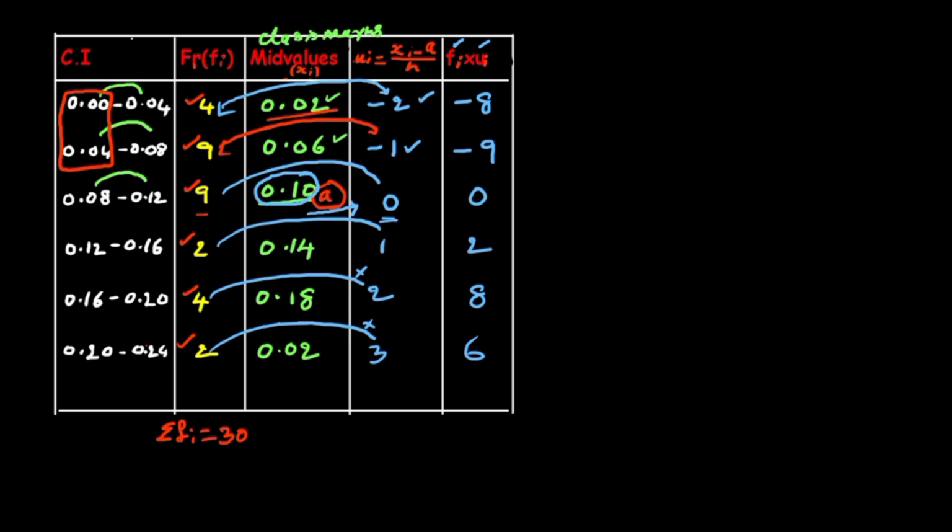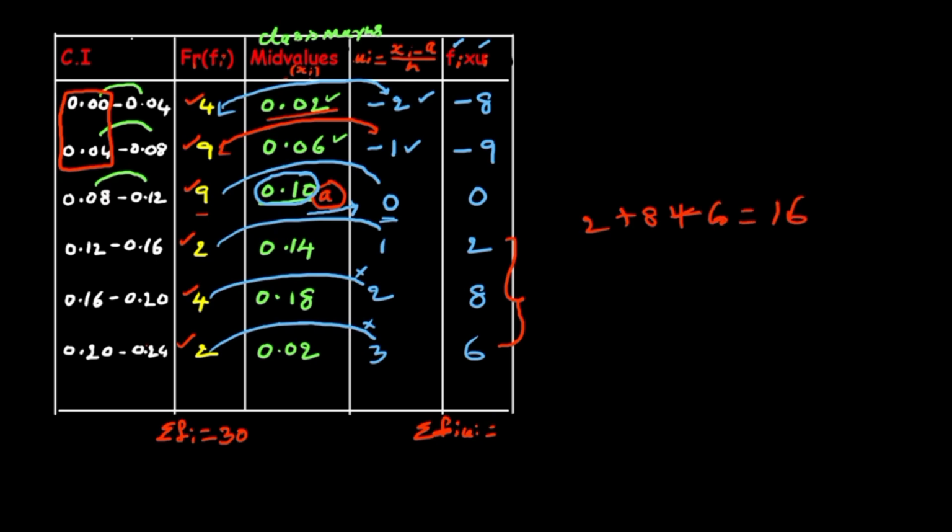Now sigma fi ui, meaning the sum of the products of the frequency and the deviation. Don't forget, I'm going to show you a technique. First of all, you add all the positive values: 2 plus 8 plus 6 is equal to 16.